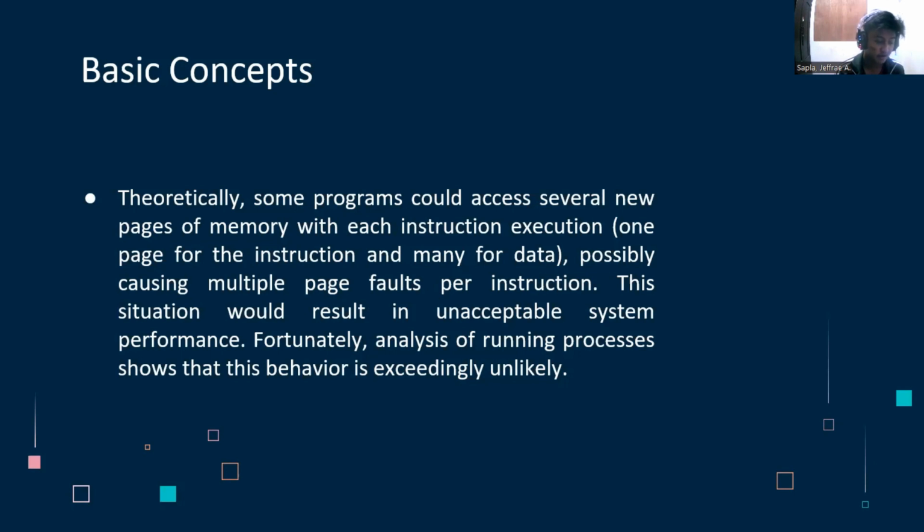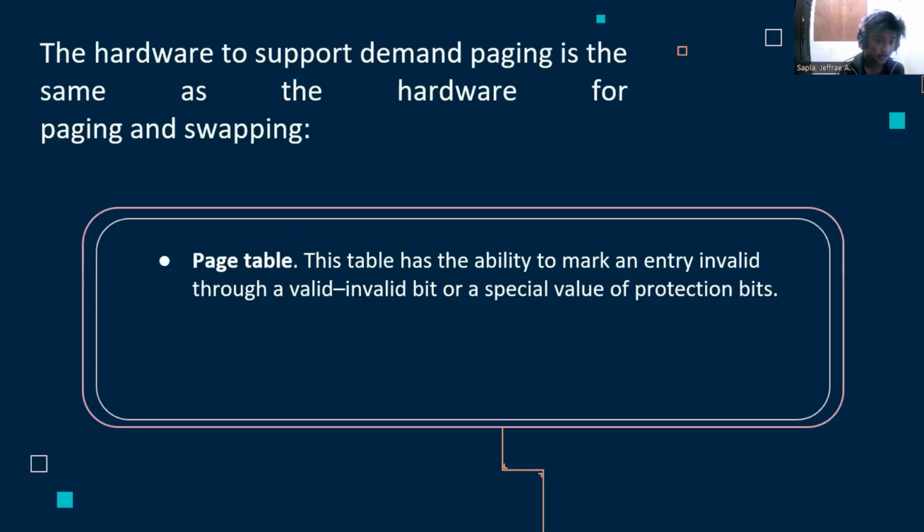Programs tend to have a locality of reference, as described in section 9.6.1, which results in reasonable performance from demand paging. The hardware to support demand paging is the same as the hardware for paging and swapping. So the page table: this table has the ability to mark an entry invalid through a valid-invalid bit or a special value of protection bits.